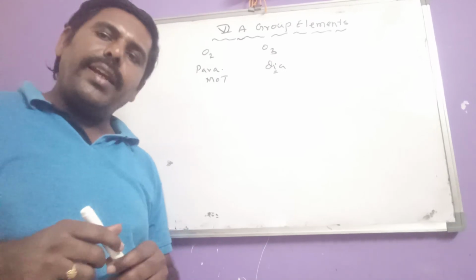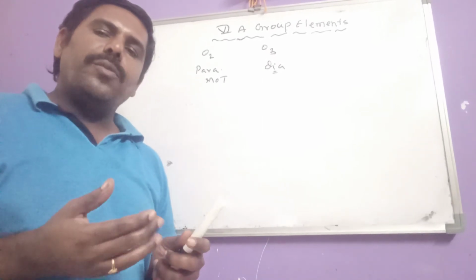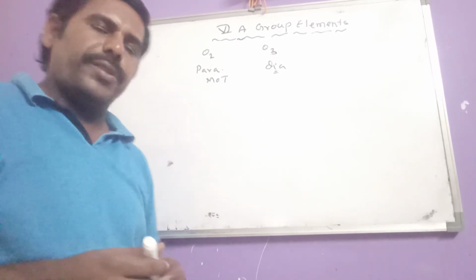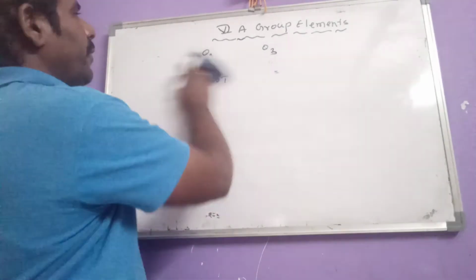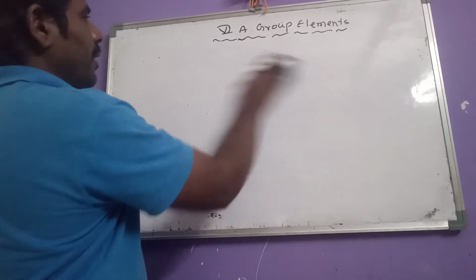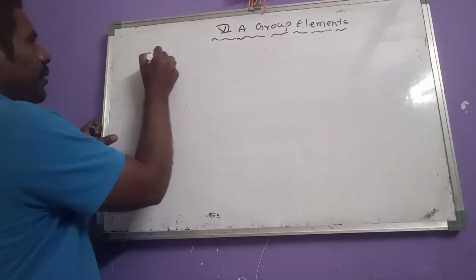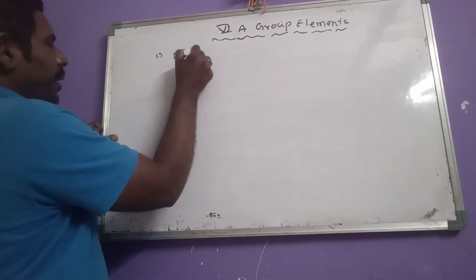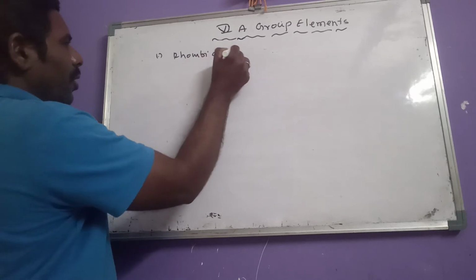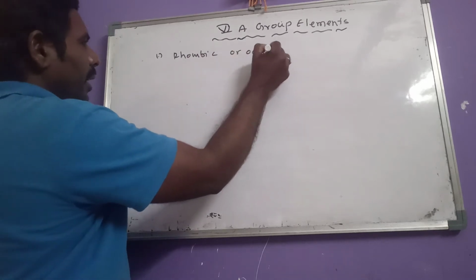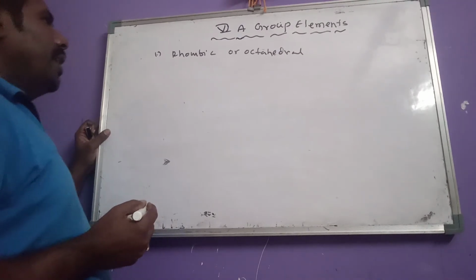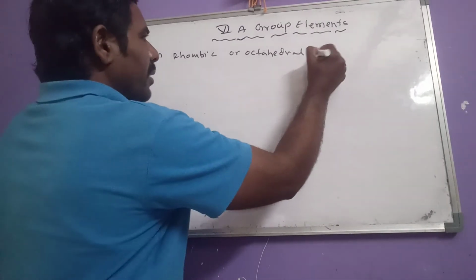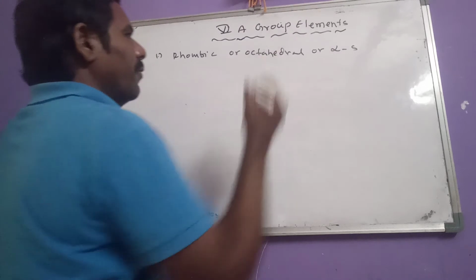And in 6th group, sulfur has more number of allotropes. So what are the allotropes? The first allotrope of sulfur is rhombic sulfur, also known as octahedral sulfur or alpha sulfur.